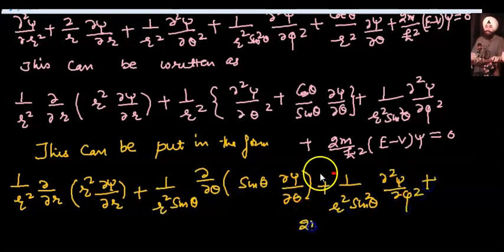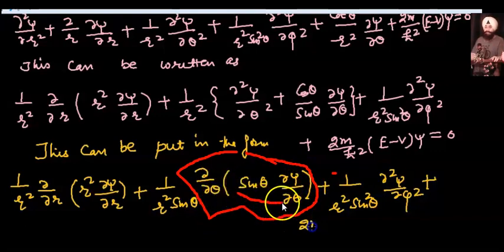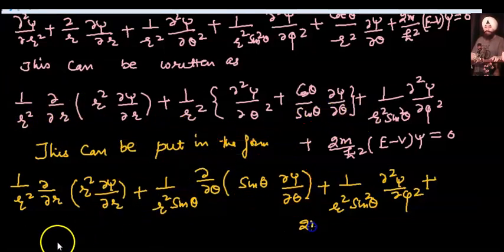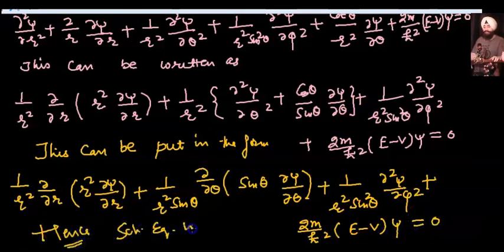Because when you open this, when you do the partial differentiation with respect to theta of this term, and just do the simplification, you will get the same above equation. Very simple. But finally, this is our result. Okay? Thank you.